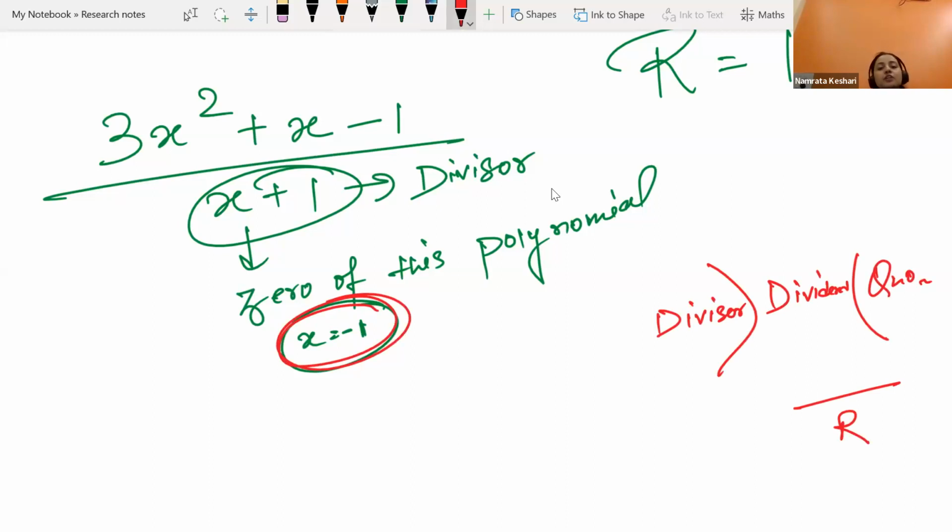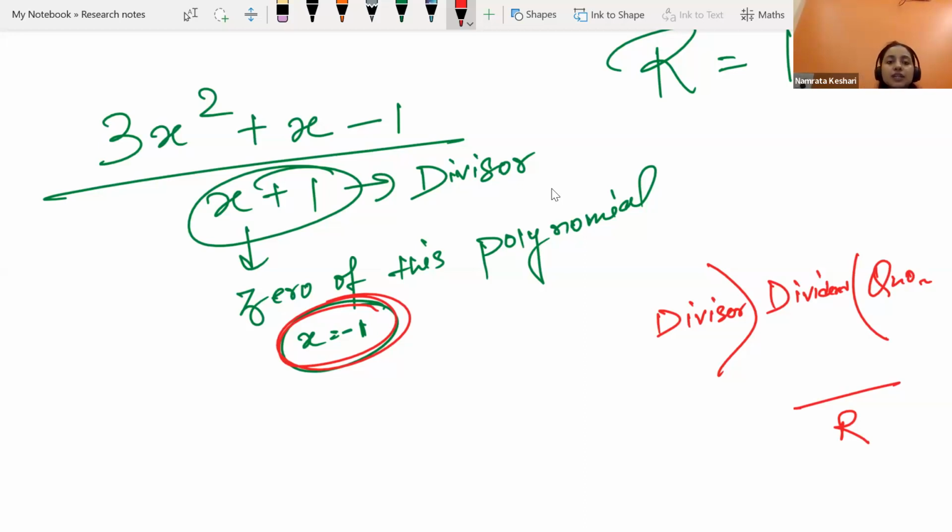That's what the remainder theorem says: rather than doing the long division method, which is very long and confusing, I have a magical formula. You just find the zero of the divisor using the polynomial concept and put it in the dividend. Directly you will get the remainder.